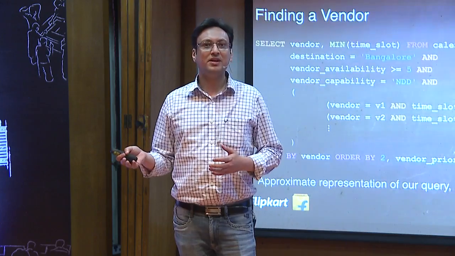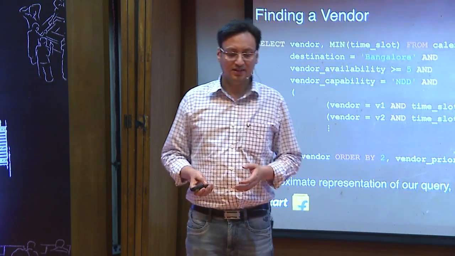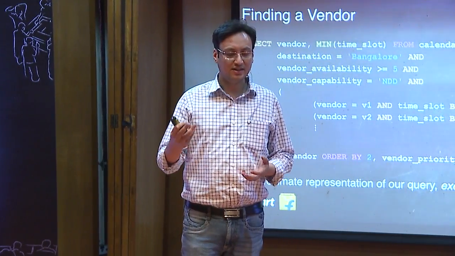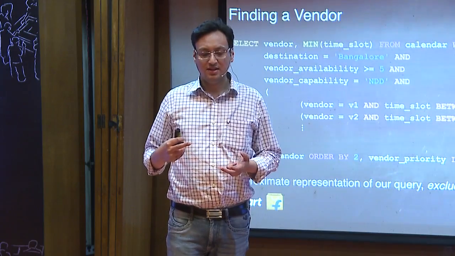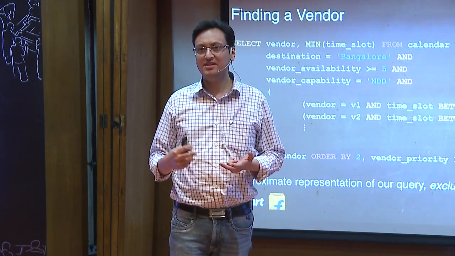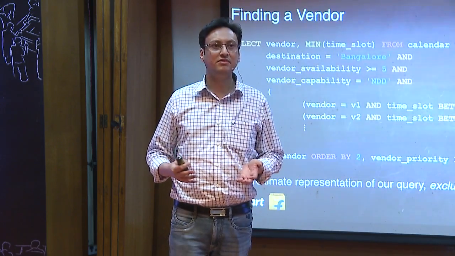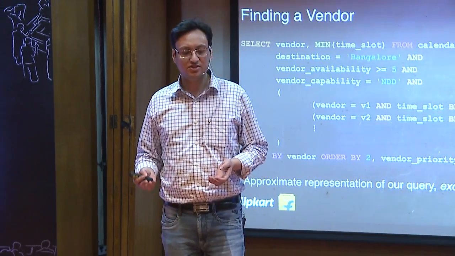And we have what we call a calendar, which is a database of all the metadata that we need, and that data is namely what destination we want to ship to, what is the number of units that we need to ship, is there any specific capability, like should the vendor be able to do next day delivery, or should they be able to carry dangerous goods and so on.